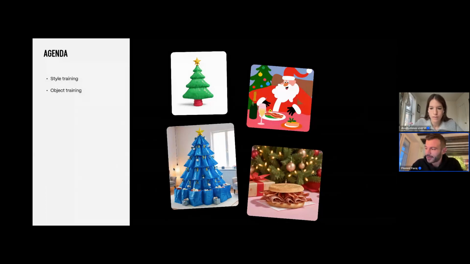The third one, maybe the funniest, is how to create Christmas trees or Christmas presents or gifts based on iconic products. And the fourth use case will concern food and how to present some new food on the Christmas table.